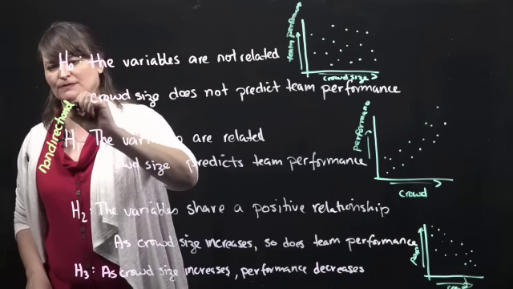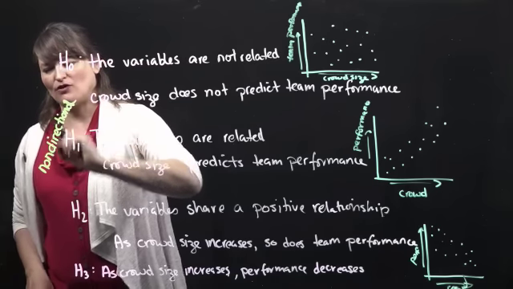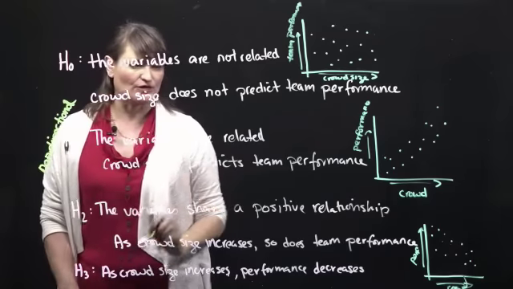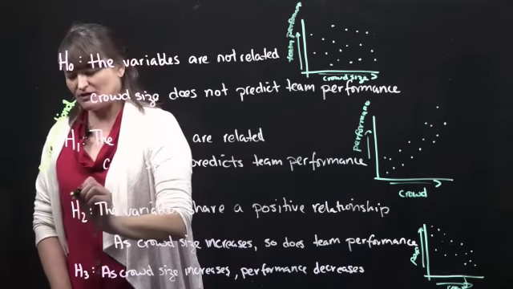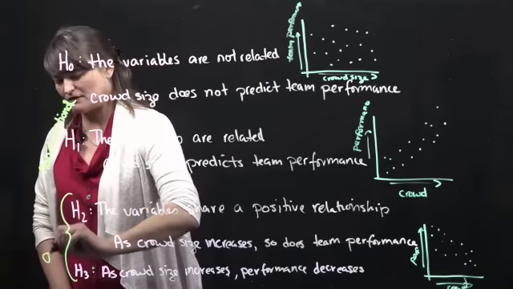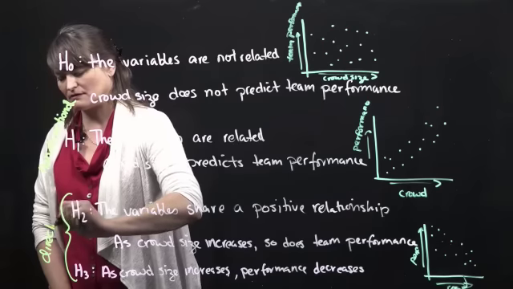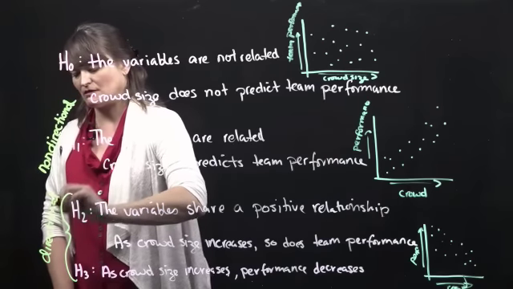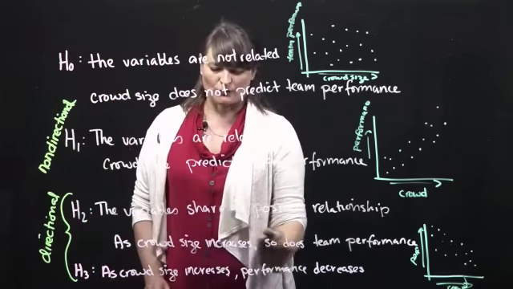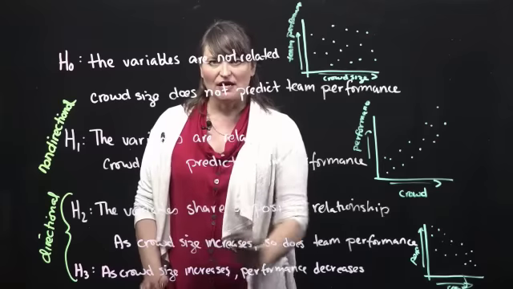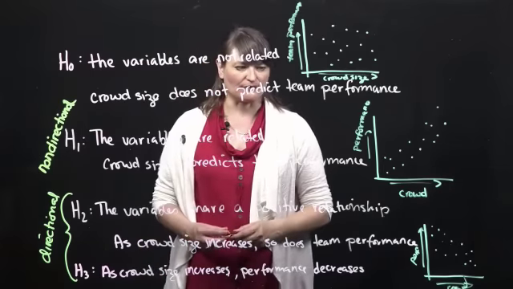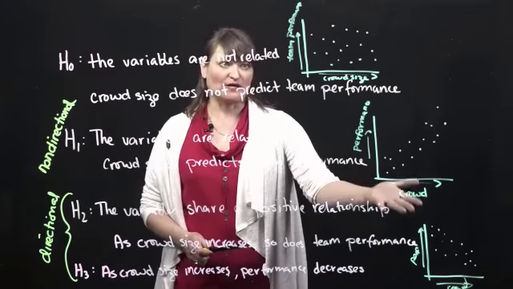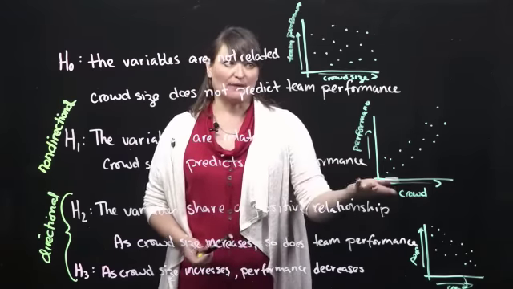It is not specifying whether we're going to see a positive relationship or a negative relationship. These two are both directional, and one's indicating a positive relationship, the other's indicating a negative relationship. This is what we'd expect the results to look like. This is what these hypotheses mean.